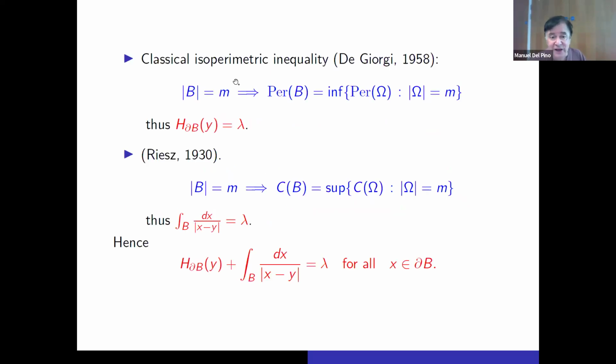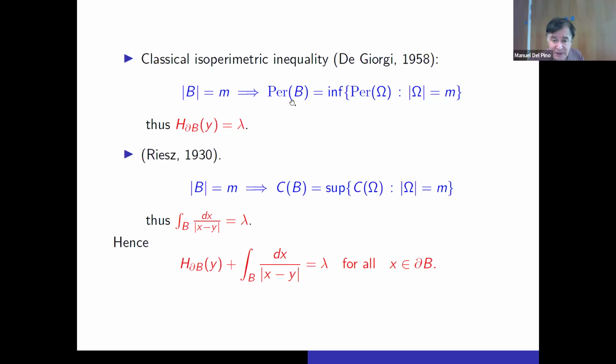Here is what I was saying, the classical isoperimetric inequality in this version for the perimeter definition as given by De Giorgi. I mean, the classical versions of this probably come from much earlier, but this is the situation for the definition in terms of calculus of variations.